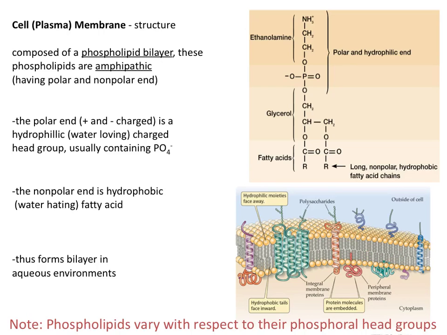So what happens is that these naturally form a lipid bilayer in an aqueous environment, and that's because these inner pieces that are hydrophobic can protect themselves from water, and these outer pieces can be in contact with water.